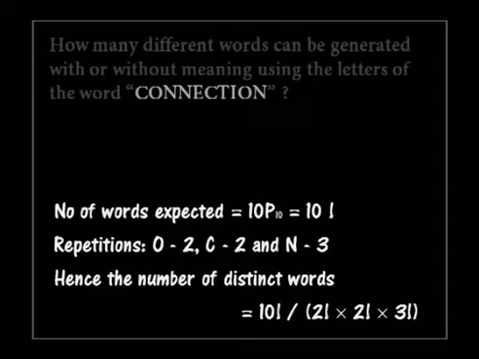C is coming 2 times. So the repetitions are C is coming twice, N is coming thrice and O is coming twice. Clearly, if there were no repetitions, then the number of words would have been 10 factorial. But now we know there are repetitions, so the distinct number of words is going to be 10 factorial upon 2 factorial into 2 factorial into 3 factorial.